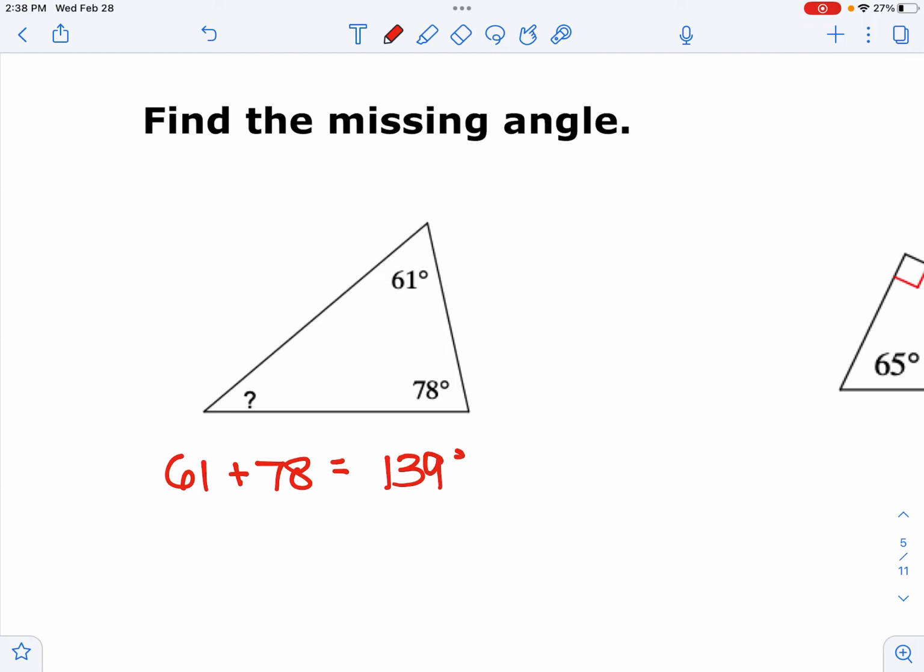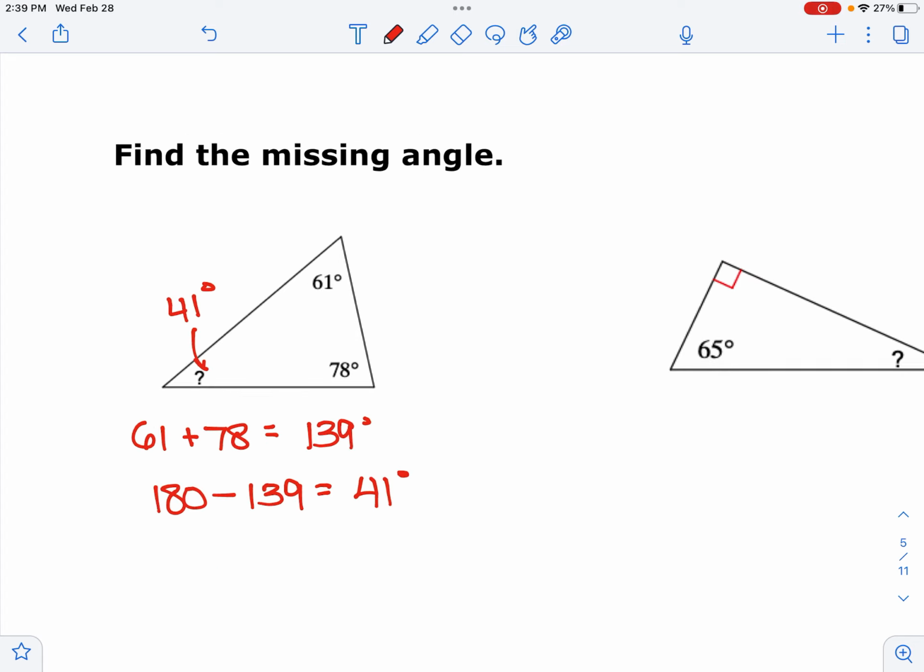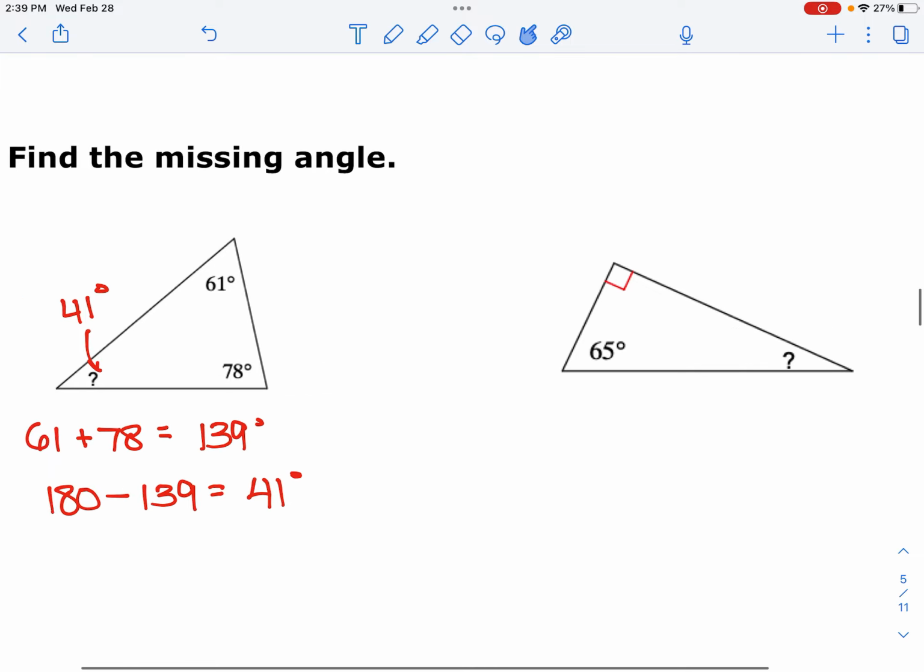So those two together are 139 degrees. That means the remaining angle would have to be 180 minus 139, which is 41 degrees. And you can double check it by adding those three and making sure it equals 180.